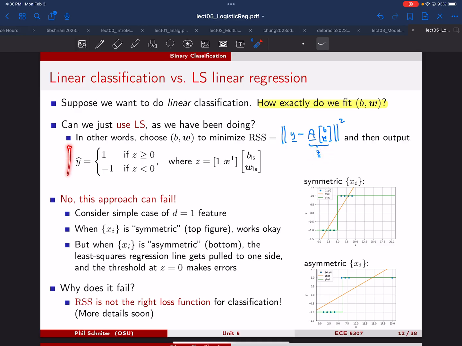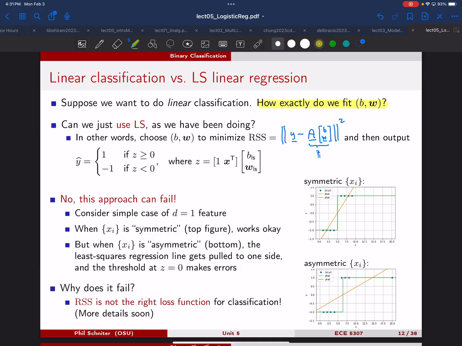However, we could still do the thresholding once we're done. And this is basically how you'd, for a test feature vector X, you could transpose it to build this row vector, inner product between that and your least squares version of this vector will give you your score Z, and that score Z could be thresholded and compared to Y hat. Okay, so it sounds like pretty straightforward. Let's see how well this works.